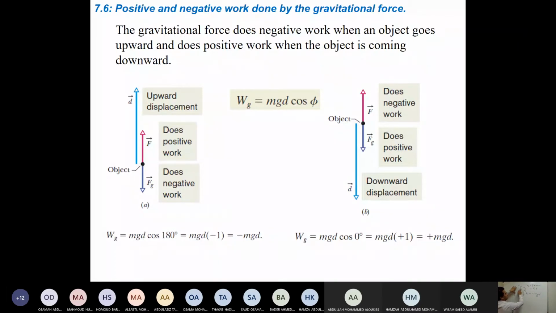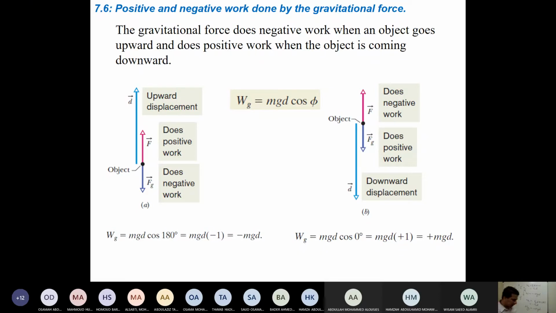So the work done by the applied force is negative, while the work done by the gravitational force is positive. In that case, it will be FA d cosine 180, minus FA d, and the gravitational force is going to be plus mg d.